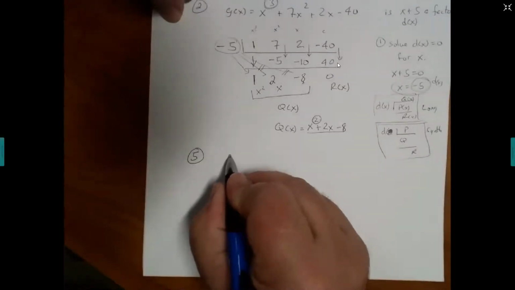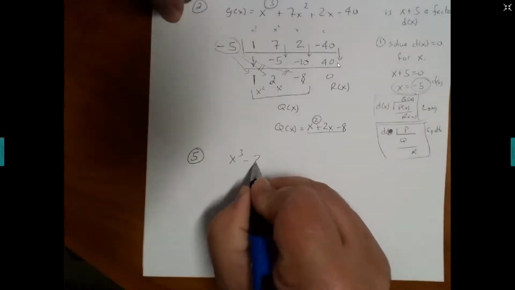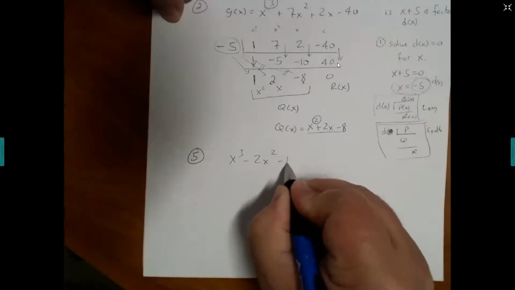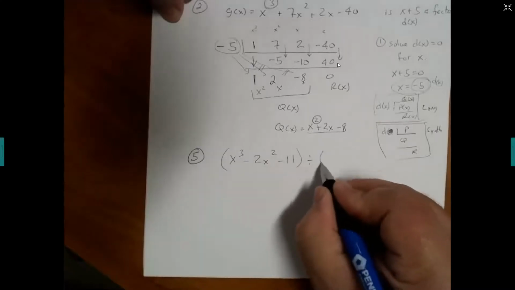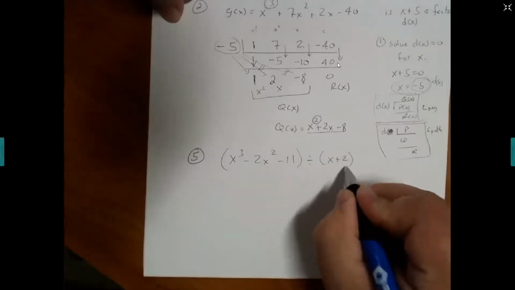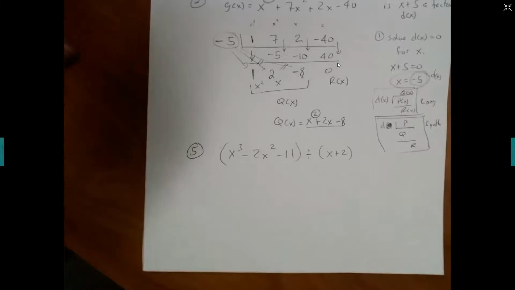It says, given x cubed minus 2x squared minus 11, divide it by x plus 2 using synthetic division.